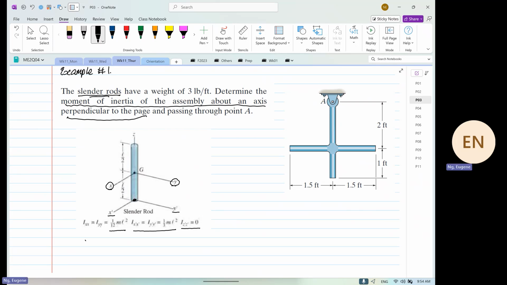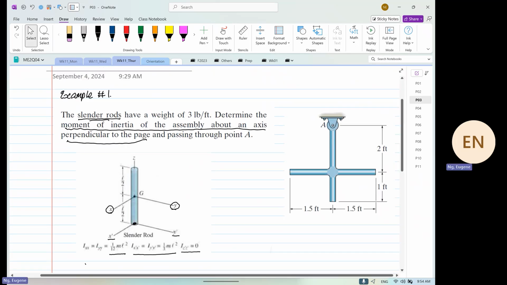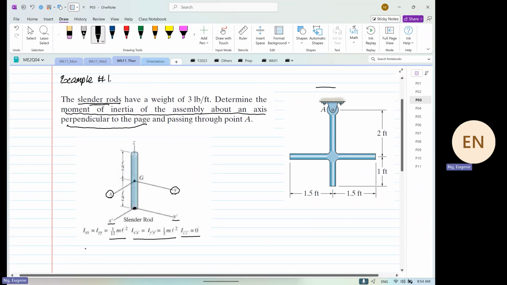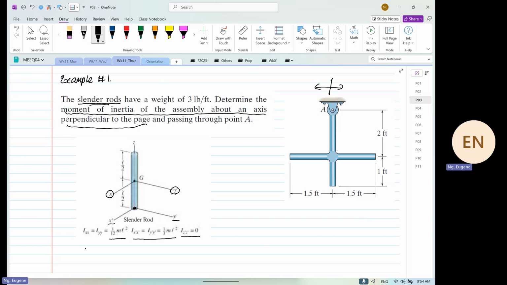Before we ask why, can you visualize how the structure will move? Is the structure going to move left and right? It can't. Is the structure going to move up and down? It can't.